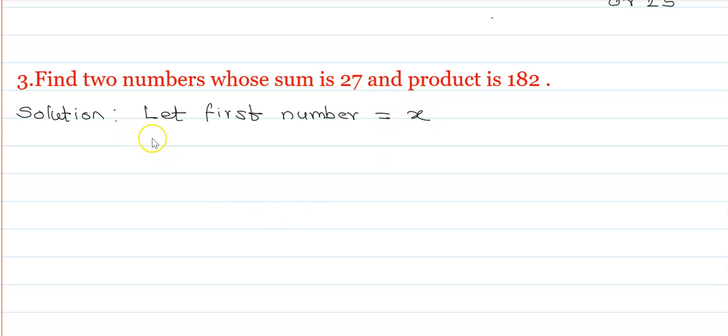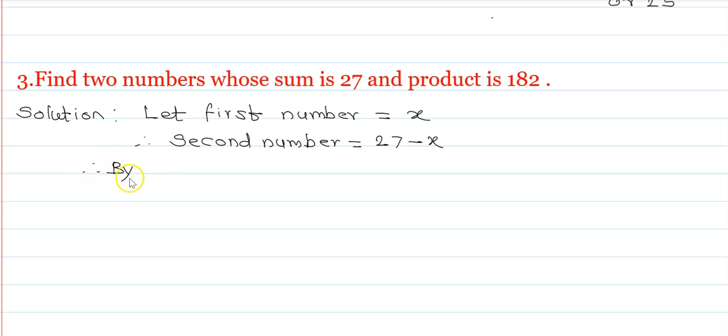Okay. And therefore, the second number is 27 minus x, because their sum is 27 by the given condition.